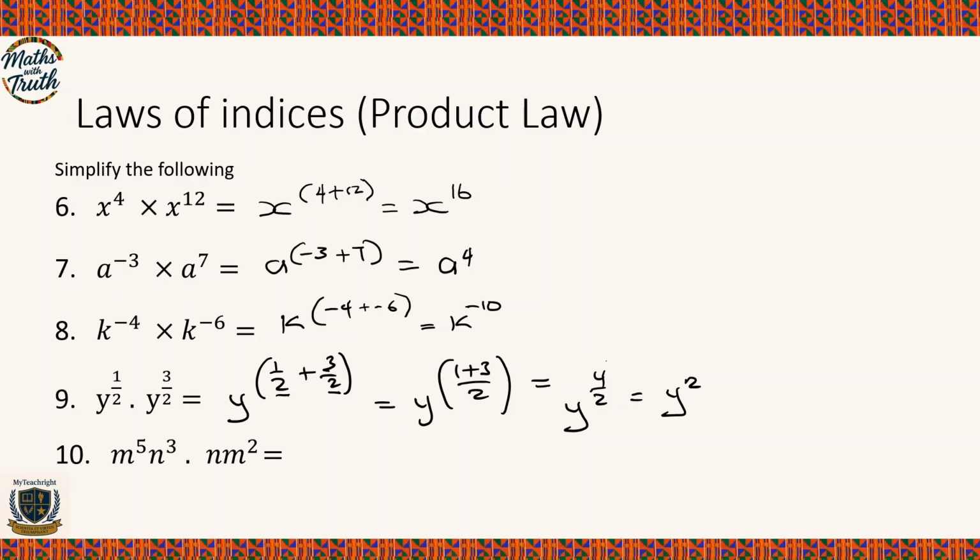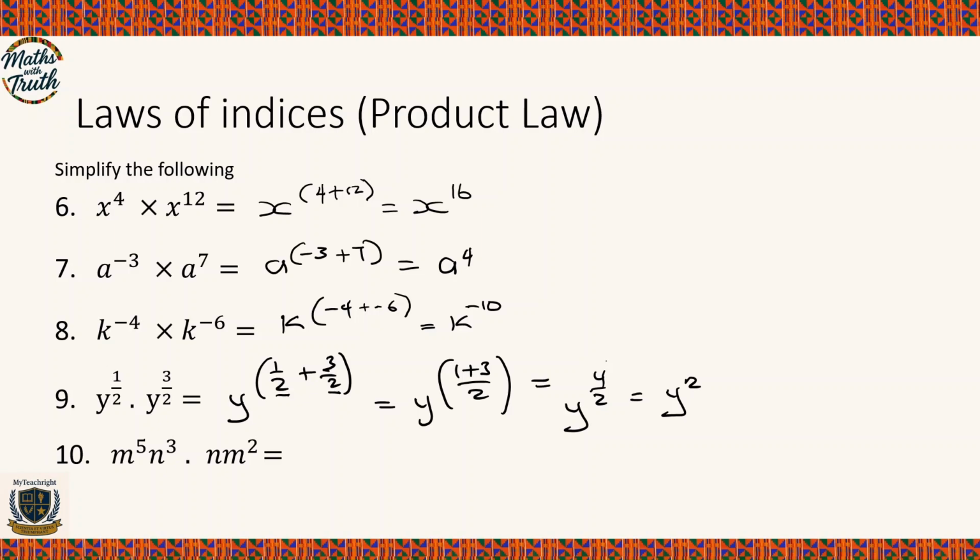And then here, when you have indices represented this way, it just means m exponent 5 times n exponent 3 times n times m exponent 2. So that is working with the commutative property of multiplication.